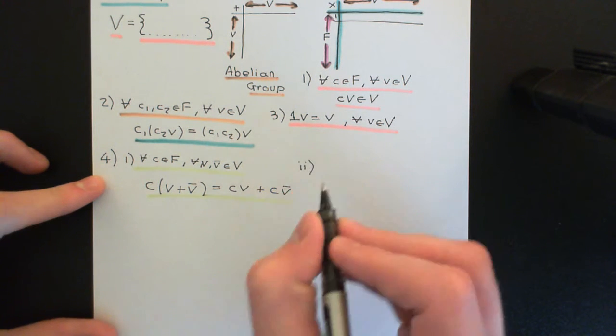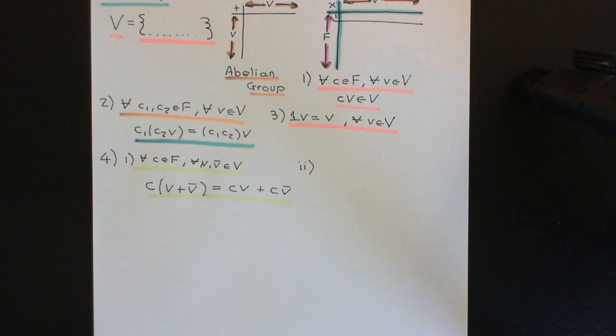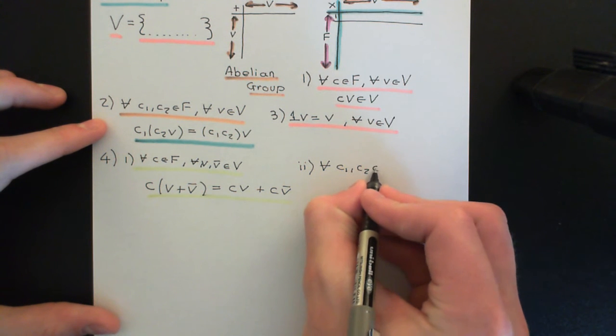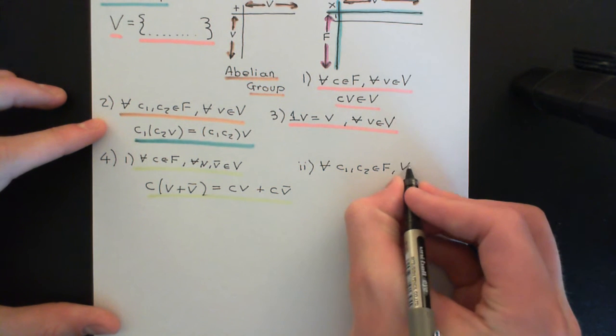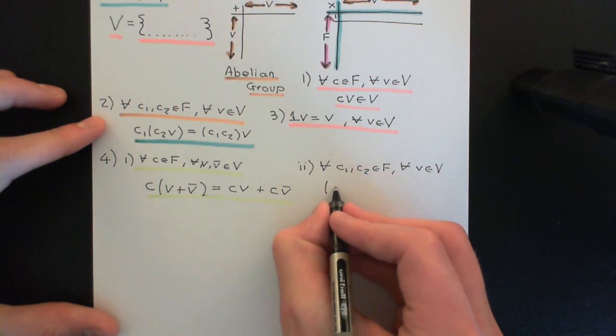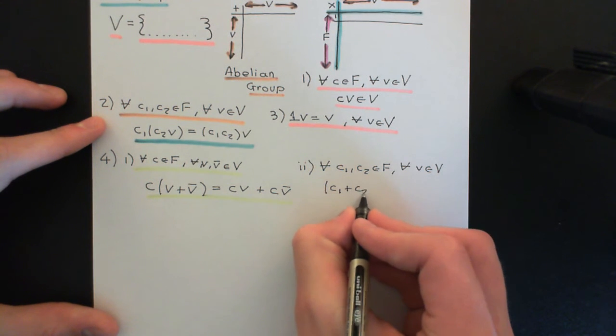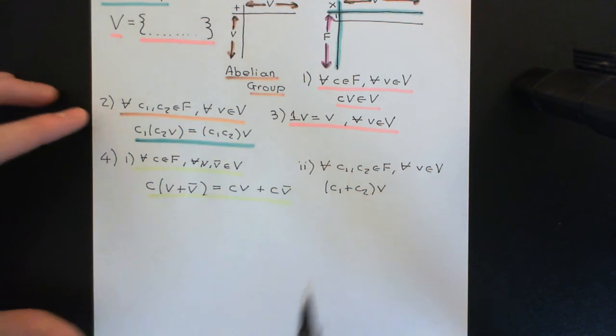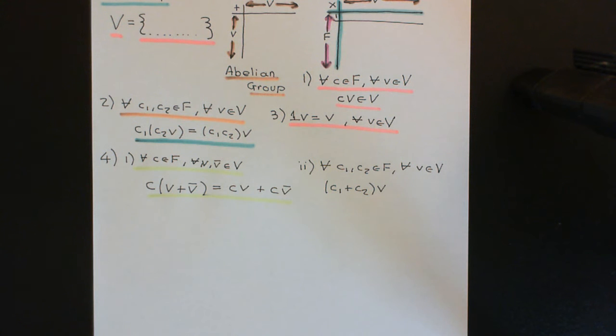Part 2 of distributivity says scalar multiplication must distribute over addition in the field. So it says that for all C1 and C2 that you pick from the field, and for all vectors little v that you can pick from the vector space, if you want to work out what C1 plus C2 times v is equal to, this means take C1 and C2, which are both elements of the field, add them together in the field addition law, and then multiply that answer by the vector v using scalar multiplication.